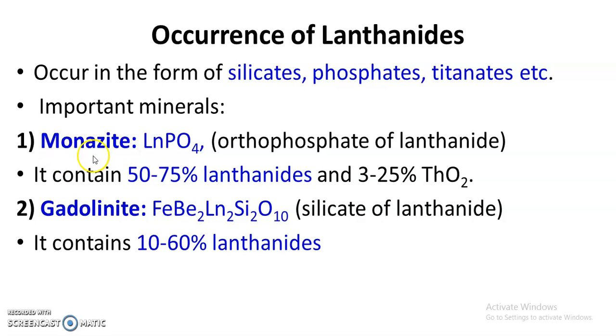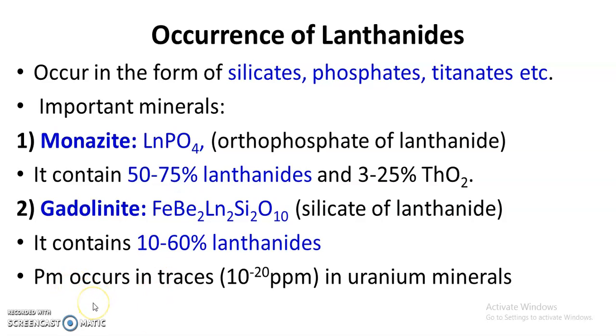Basically, monazite is processed for the isolation of lanthanides as a byproduct. The main product is thorium. So thorium is obtained from monazite, and there is a byproduct of some lanthanides.